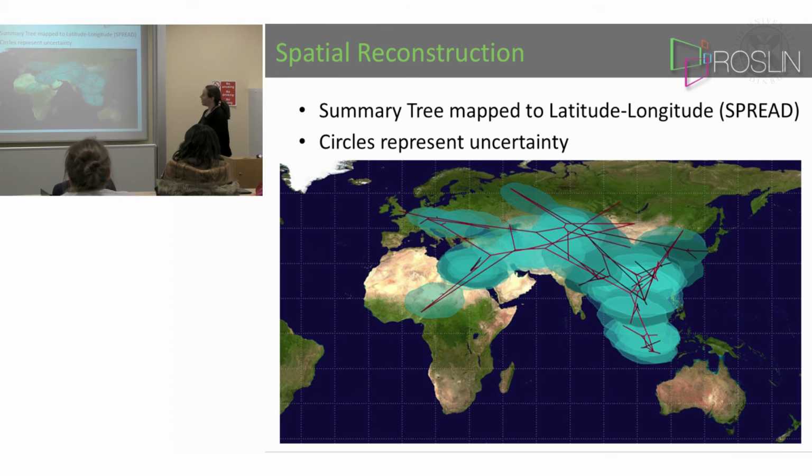And the output of that is a summary tree, but each node of the summary tree is labelled with a latitude and longitude. So you can plot it on this map of the world. And so these lines now, these are the tree branches, but spread out over the world. And these are the uncertainty rings.